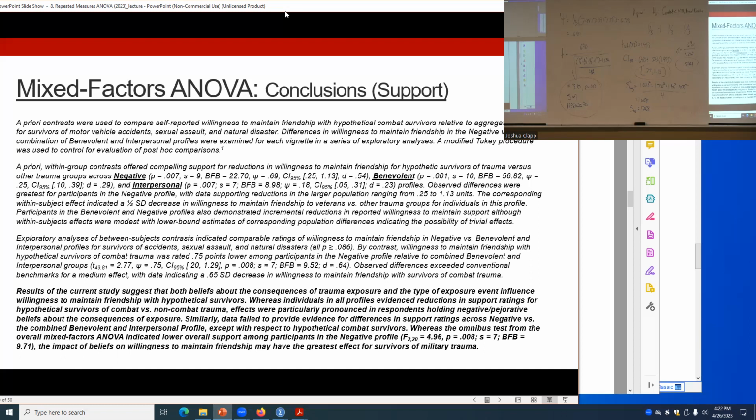I got the wrong slide. Matt, can you shoot me an email and fix this slide? Basically, this is talking about a different analysis where we had trauma and non-trauma vignettes in here. But in general, the structure would be kind of the same.